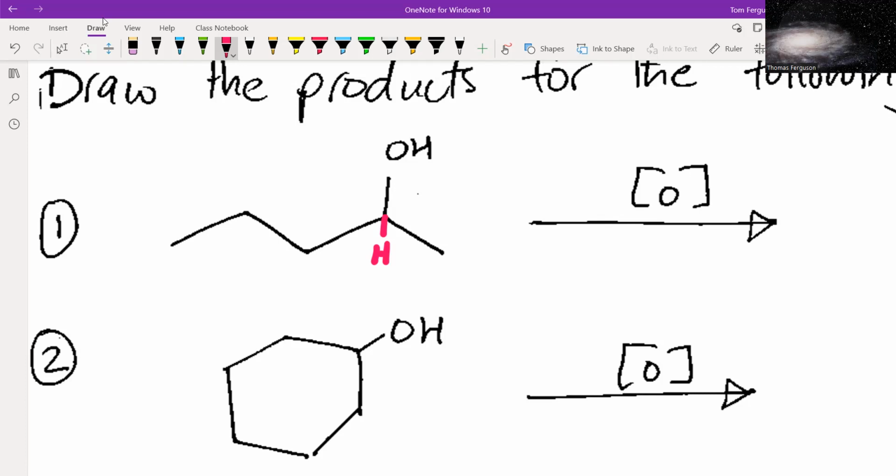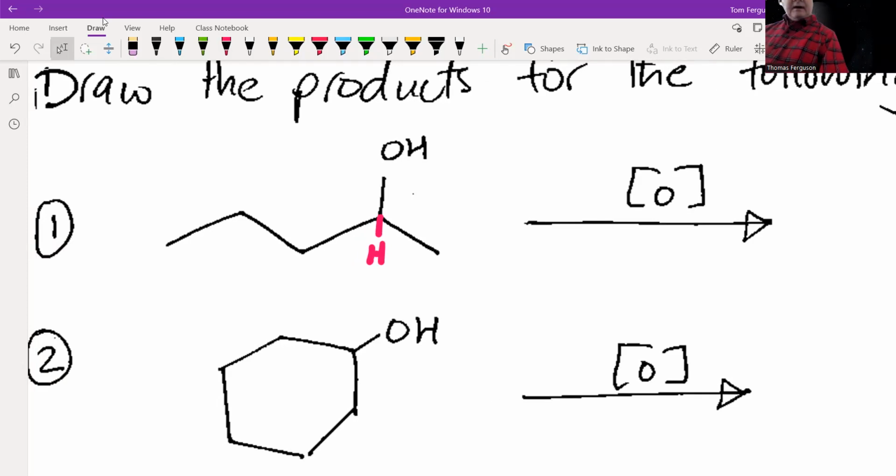So remember, in organic chemistry, when we talk about oxidation reduction, oxidation is losing hydrogens. In 305, you talked about oxidation is losing electrons. And reduction is gaining hydrogens or gaining electrons.